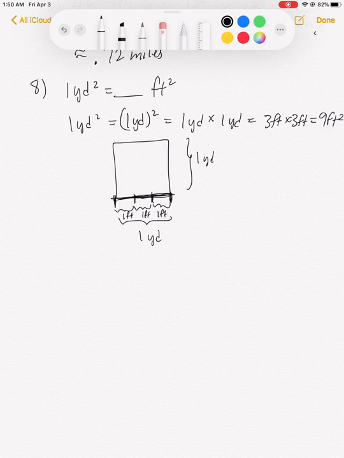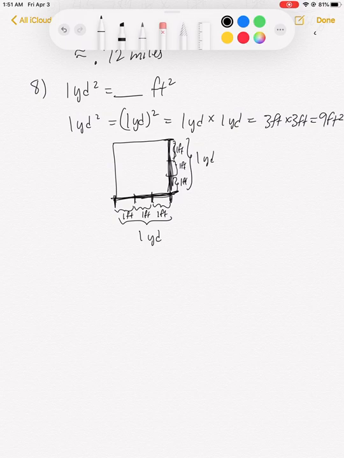All of those distances are 3 feet. Same thing with this dimension right here, I'm going to divide this up into 3 feet. So there's 1 foot here, 1 foot here, and 1 foot here. So there's 3 feet by 3 feet.